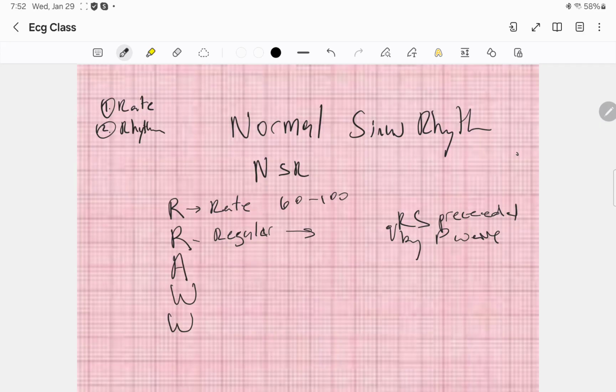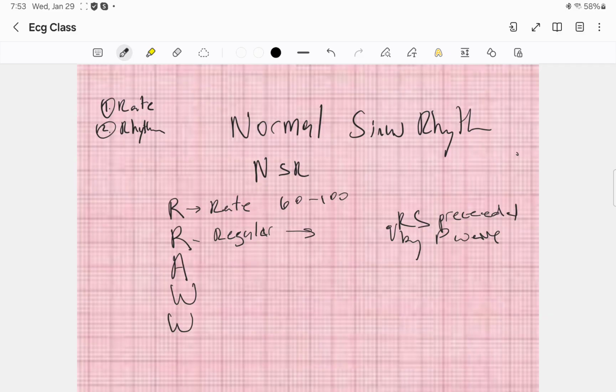Because the sinus node is what is controlling the ventricle, it therefore means that the sinus node depolarizes, thereby depolarizing the atrium, creating a P wave, and thereafter this propagates down to the ventricle, creating a QRS. So for you to be in sinus rhythm, there has to be a P wave before every QRS, right? And because the sinus node, with very few exceptions, fires at a regular rate as pacemaker tissue, right? It results in a regular rhythm.